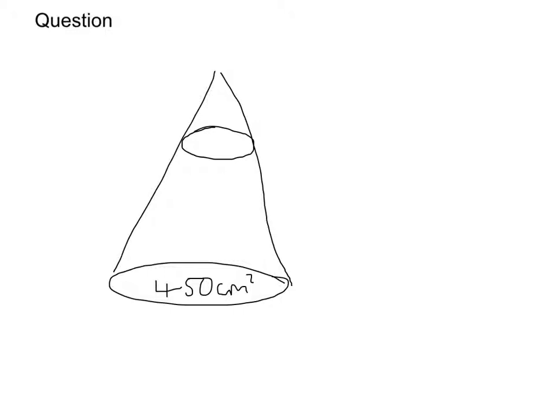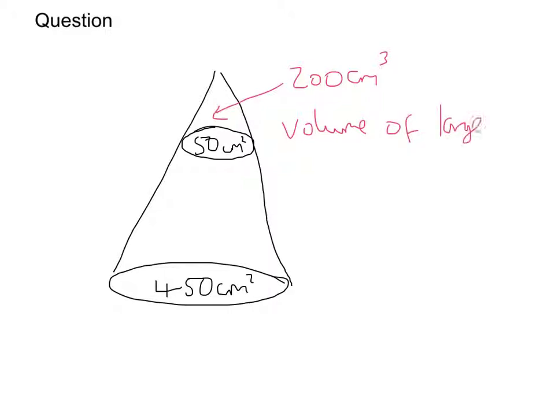A smaller one here is at 50 centimetres squared, and I'm going to tell you that the volume of the small cone is given as 200 centimetres cubed. I'd like to know what the volume of the large cone is. I'll pause the video, or you should pause the video now, and have a look to see if you can calculate it. You're working out the volume of the large cone.